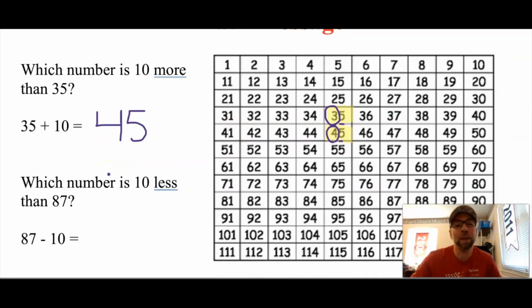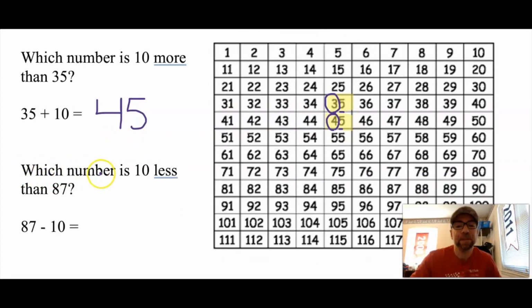Here's another little warm-up. Which number is 10 less than 87? 10 less. And that's like saying 87 minus 10. If you need your number grid, you can go ahead and use it. Or could you do it mentally in your mind? First thing I would do is find the number 87 on my number grid. It's with all of my 80s.